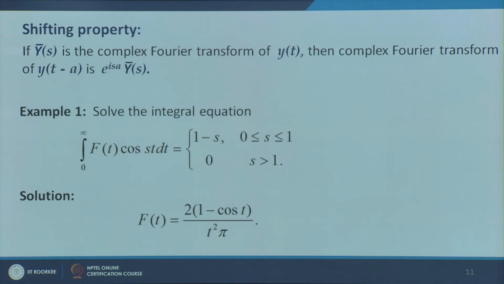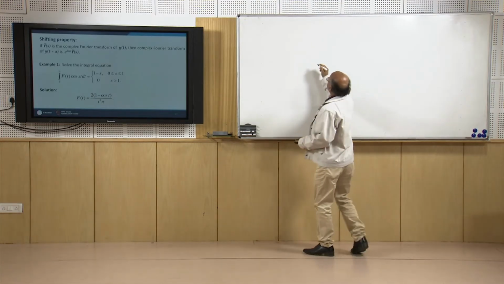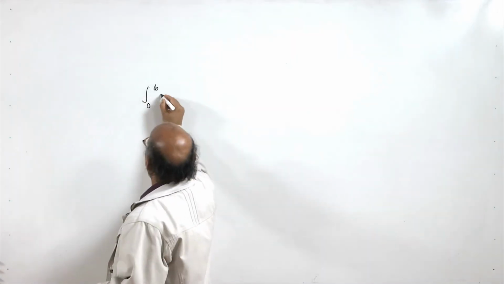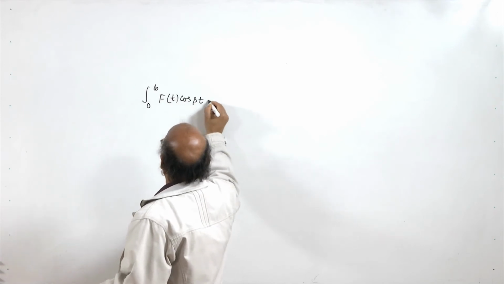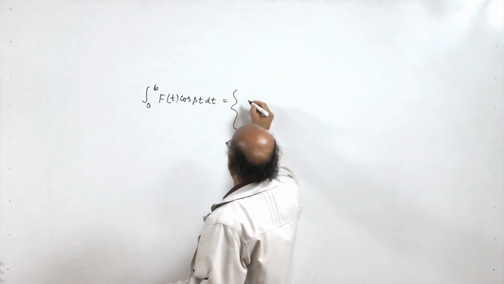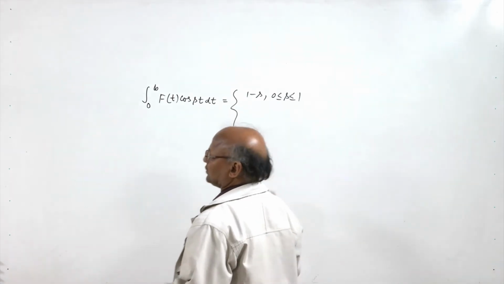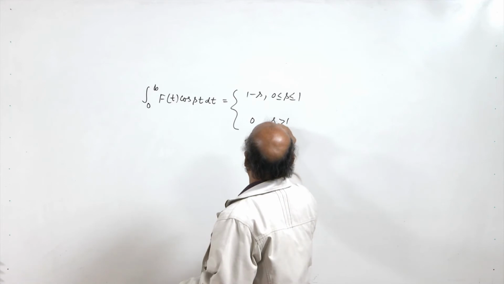Now let us see how we can solve integral equations using the theory of Fourier transforms. So let us take this equation: integral 0 to infinity f(t) cos st dt equals 1 minus s for 0 less than or equal to s less than or equal to 1, and 0 when s is greater than 1.